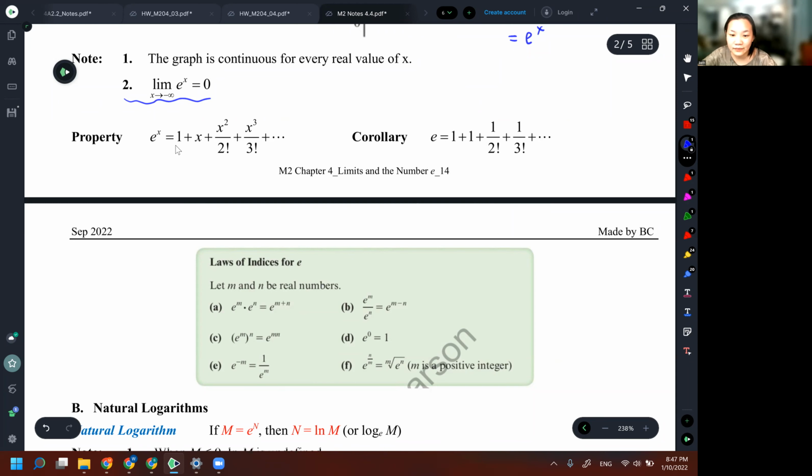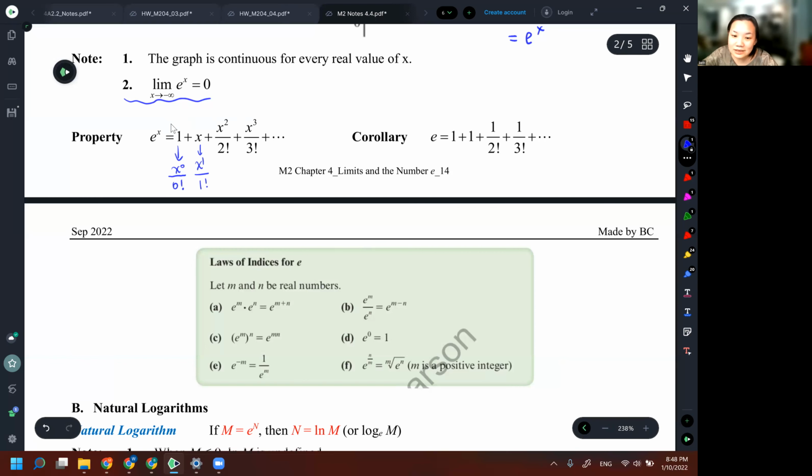The first one can be x to the power 0 over 0 factorial. The next can be x to the power 1 over 1 factorial. The pattern is easy, and if you want to, you really can memorize it in one day. But the meaning behind it is not included in our curriculum, so I just put it there, and maybe you can use it, maybe you can't, I don't know.